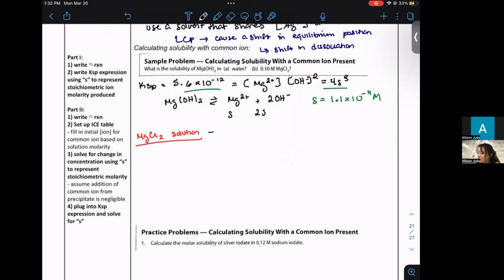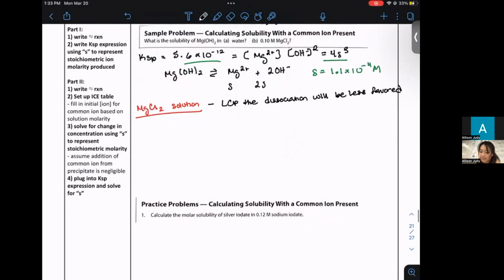We already know then, according to LCP, the dissociation or the forward reaction will become less favored. So we're going to create more precipitate, or we're going to keep our solid as a precipitate.